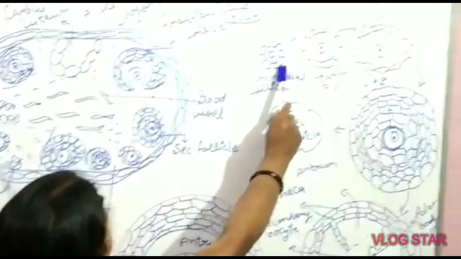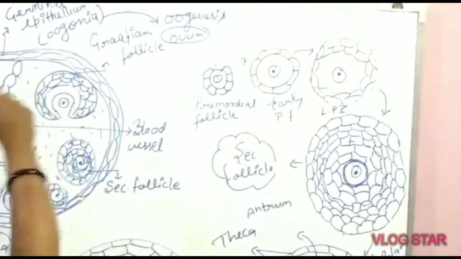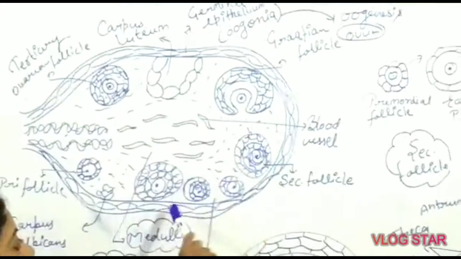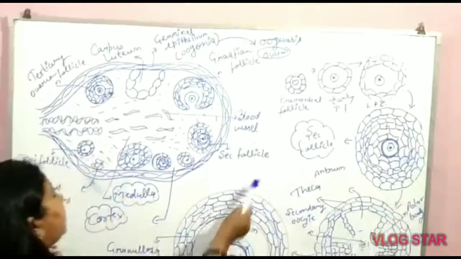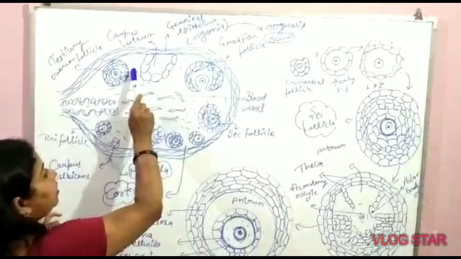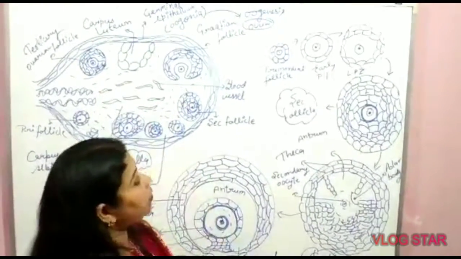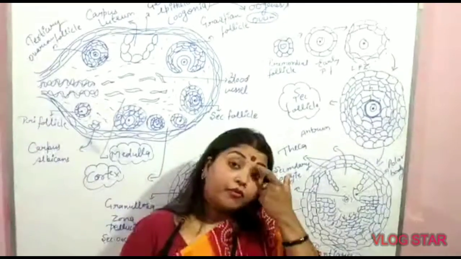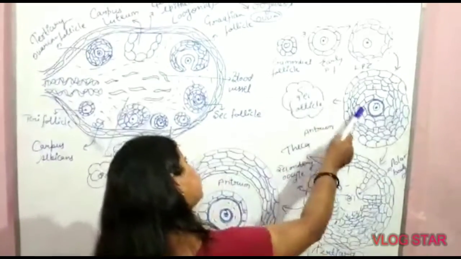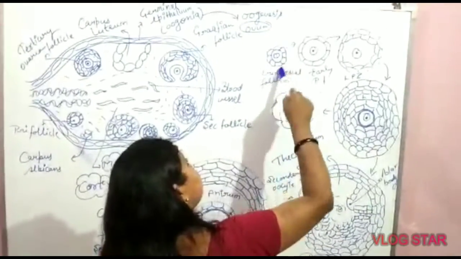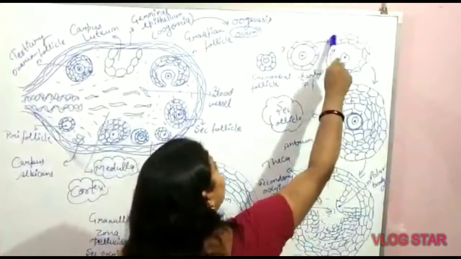This is the structure of oogonia. Please remember, these events occur inside the human ovary. At the time of puberty, these oogonia divide by meiosis I. But before meiosis I, on the outer surface, there are many cells.